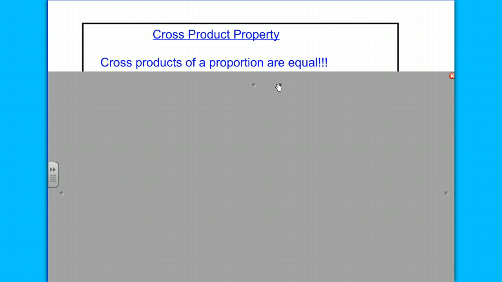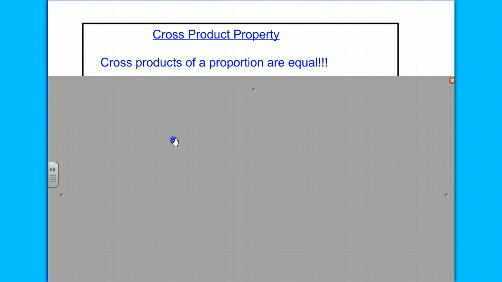So let's talk about the cross product property. You seem to be strong at this. We're going to be really needing it when we see variables going on and more than one operation taking place in a numerator or denominator. So remember, the cross products of a proportion are equal.